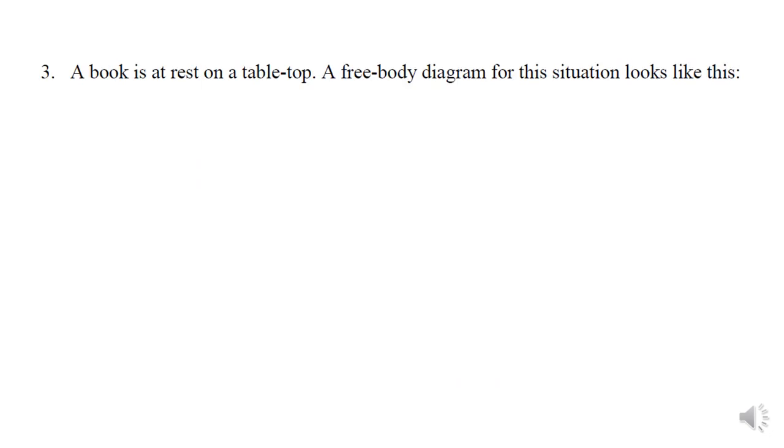Okay, I think our next two questions are the worded questions. A book is at rest on a tabletop. Draw a free body diagram. Now, free body diagrams are not meant to be accurate representations of what the objects look like. They're meant to be just a box in space or a sphere in space where you've got your force of gravity pulling down on it.